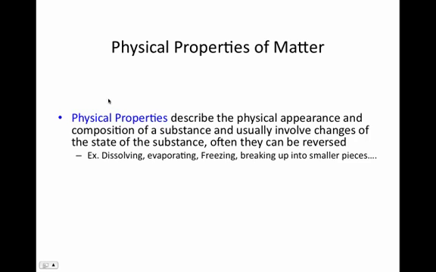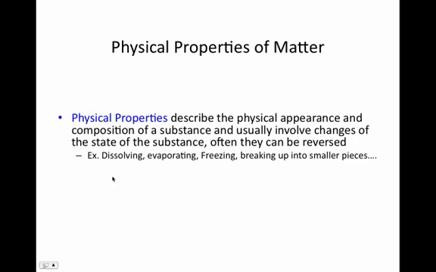Physical properties deal with the appearance of the substance and involve the change of state. And when you observe a physical property of a substance, usually you can reverse that change. So we can dissolve something, but we could reverse it and get the salt out of there.